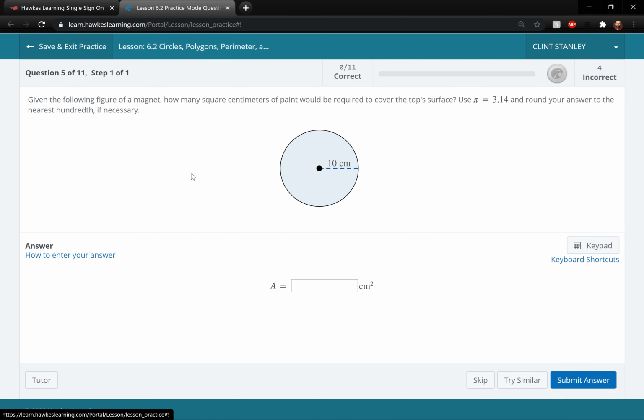And on this one, another thing to point out is you really have to be careful reading to make sure you know what you're finding, not just guessing what you're finding. You might think this one wants circumference because it's like the other circle problems we had, but it's not. It says how many square centimeters of paint would be required to cover the top surface here. Since it says square units, we want the area.